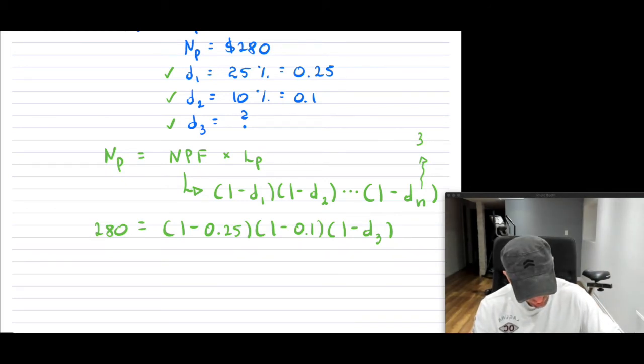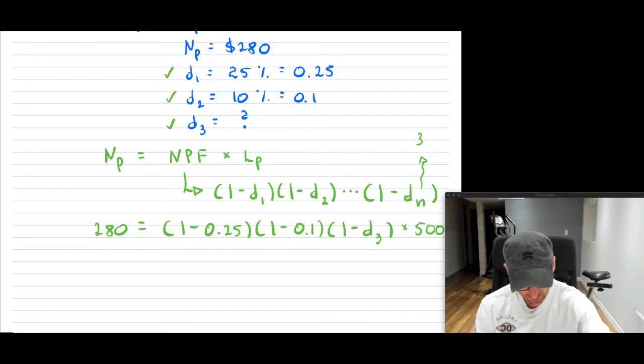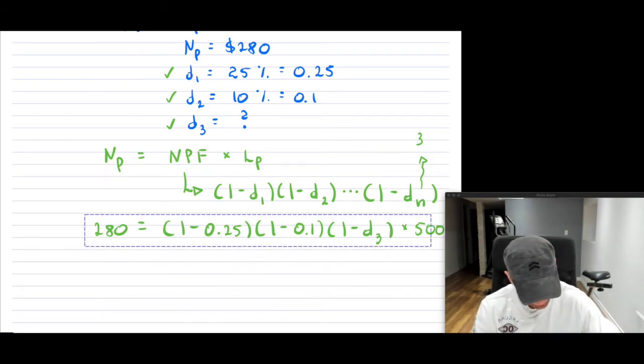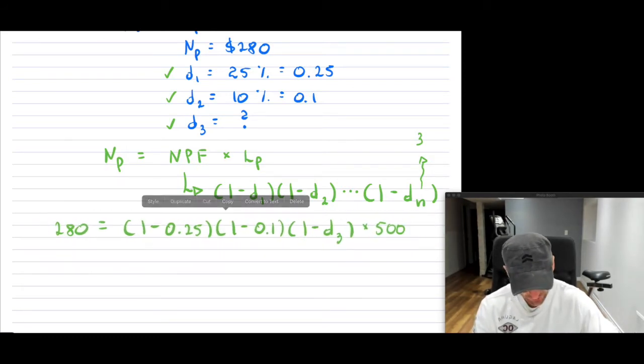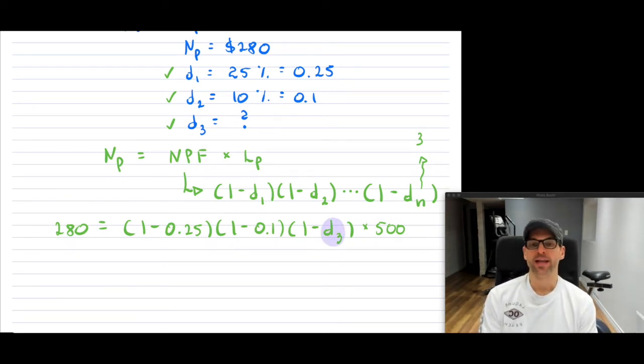This we have to multiply now by the list price of $500. And now we're going to try to take this and solve it for D3. So here is D3. Now it's basically a little bit of math.